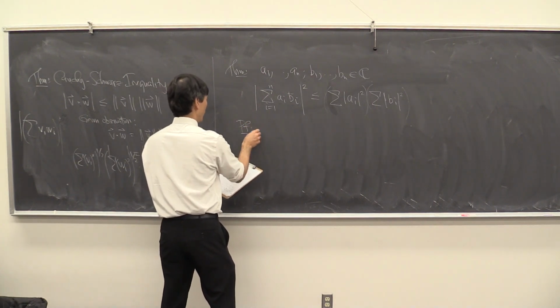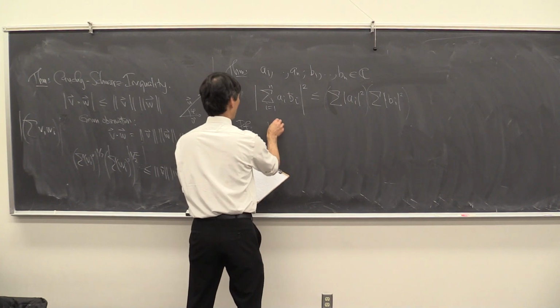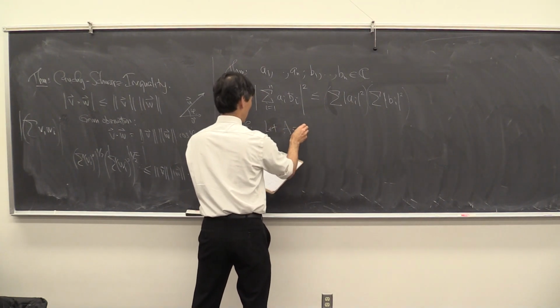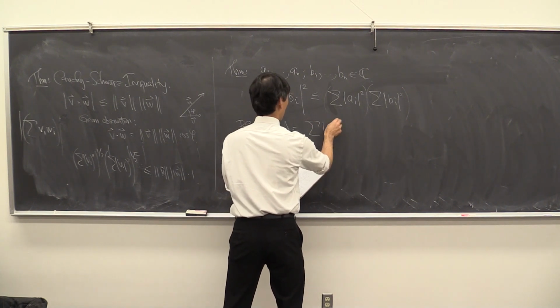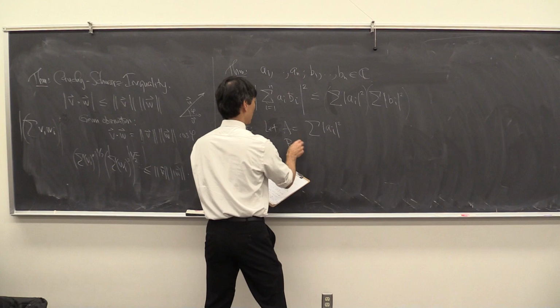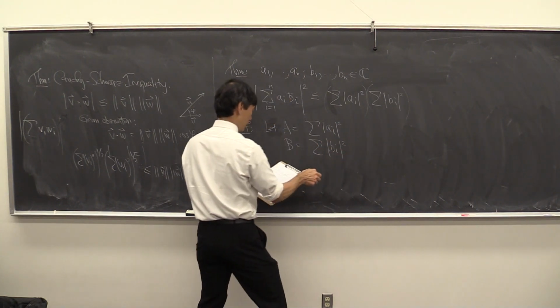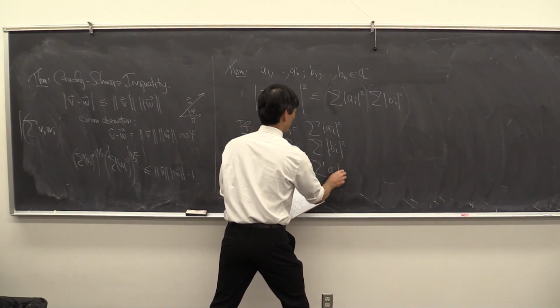Okay, so here's the proof. First off, some notation: let A be the summation of the modulus of ai squared, let B be the summation of the modulus of bi squared, and let C be the summation of ai conjugate bi.